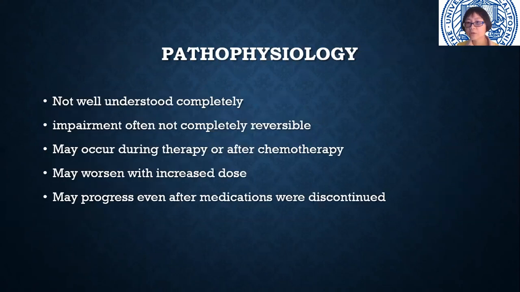So far, we don't know why the chemo agents will cause the nerve damage. And most of the time, it may not be completely reversed, even if the chemotherapy was discontinued. So the chemotherapy-induced neuropathy may happen during the therapy or after the therapy. Sometimes it even happens a few years after the therapy stopped.